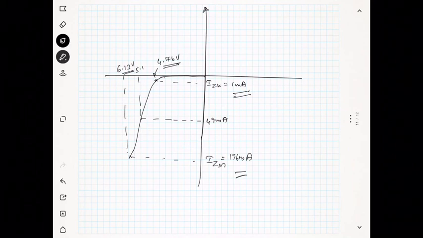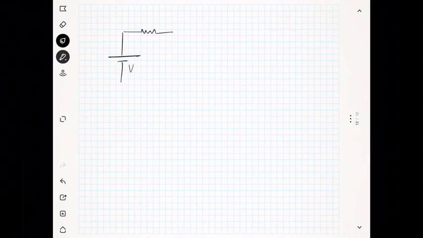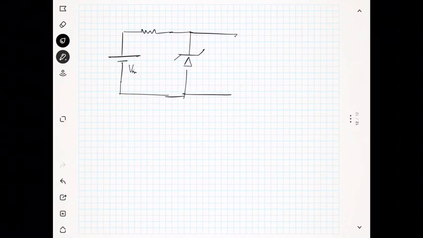Now I will draw the circuit again. The question is not to find the minimum and the maximum limit for the output. We want to find the minimum and the maximum limit for the input. So this is our output, V out. Now when the output is minimum, the voltage at the output we have seen is 4.76 volt, right?